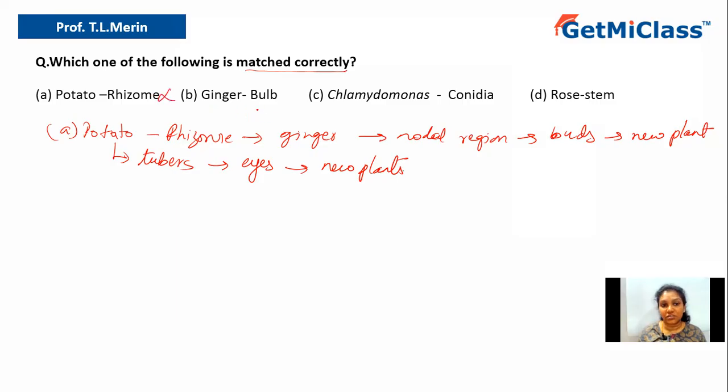Option B says ginger, bulb. Just now we saw that ginger reproduces by rhizome, right? And what about bulb?